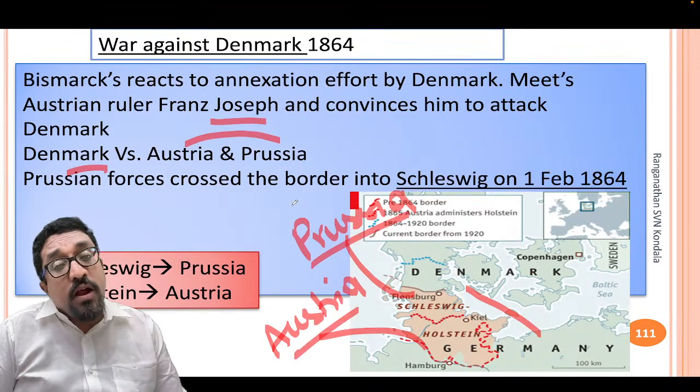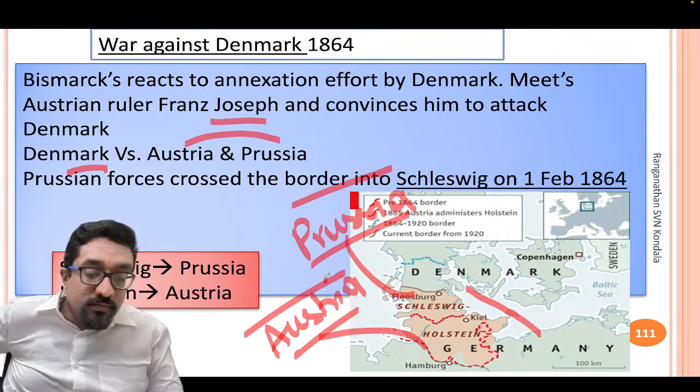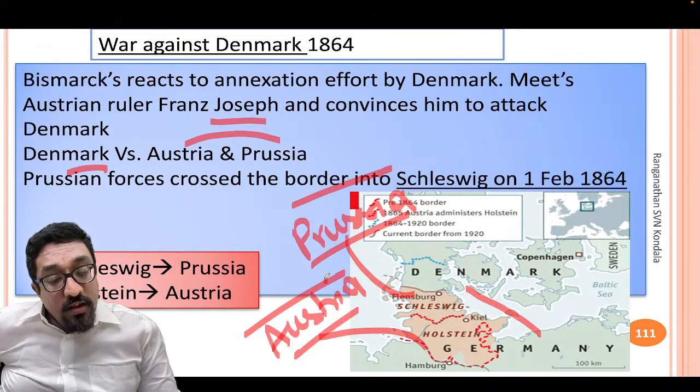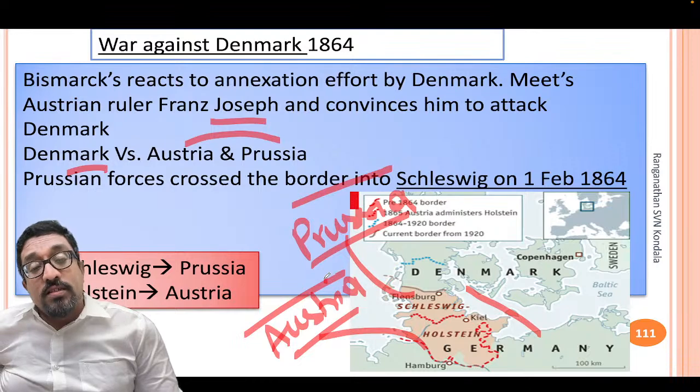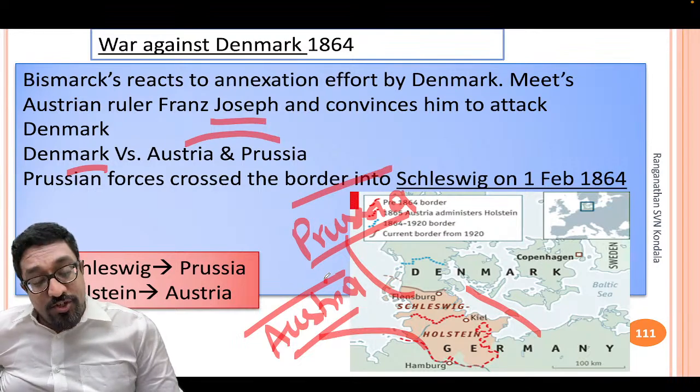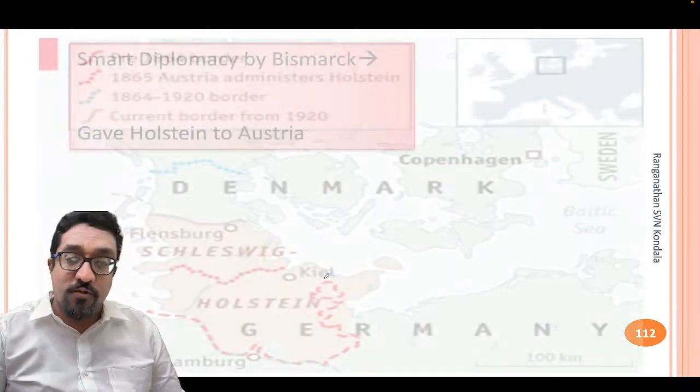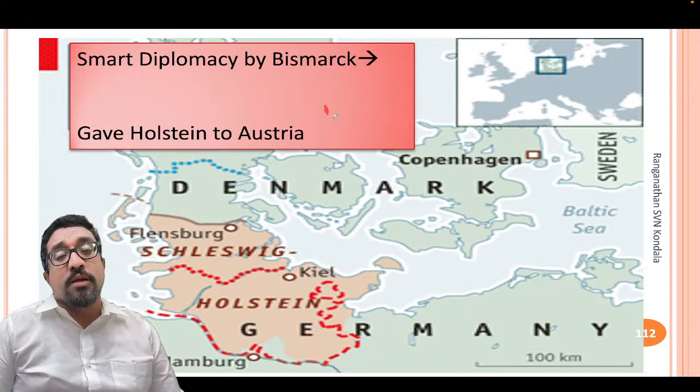This was a very smart arrangement by Bismarck. Schleswig was taken by Prussia. Holstein was taken by Austria. 1864. Very smart diplomacy.